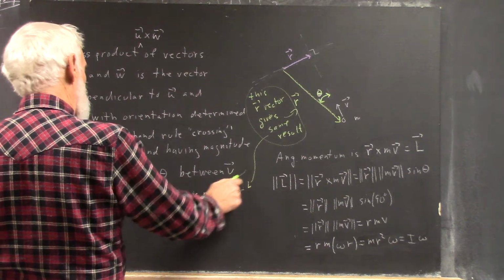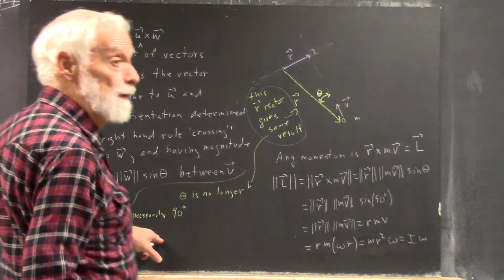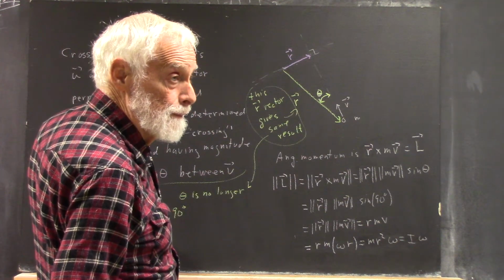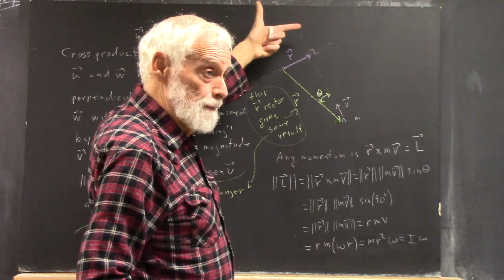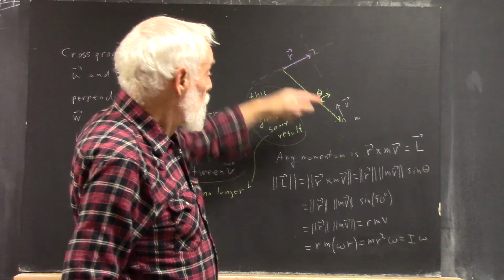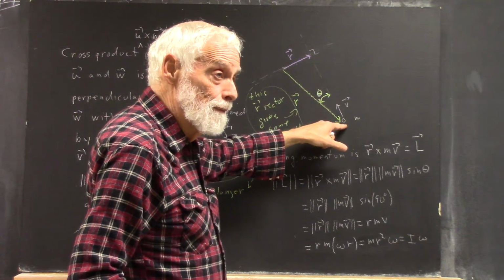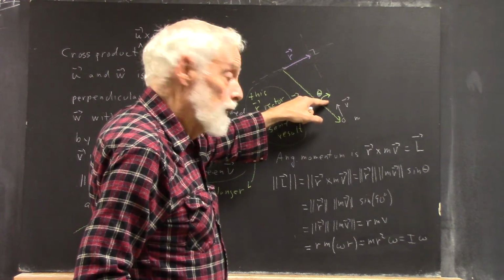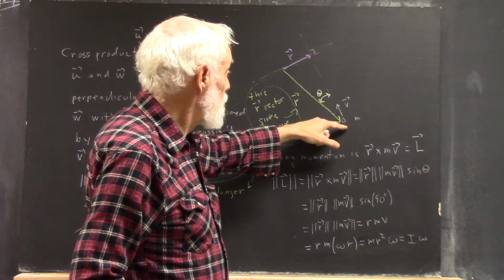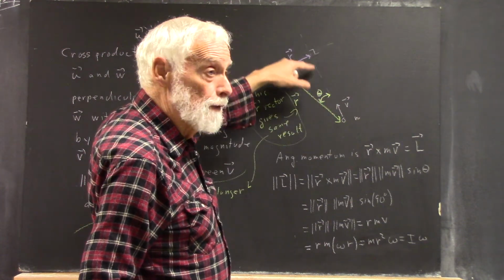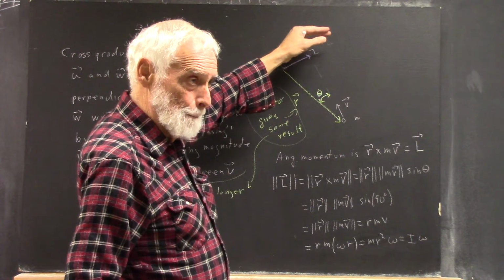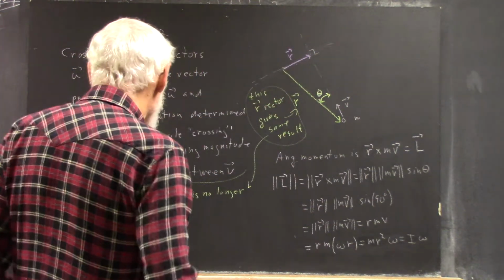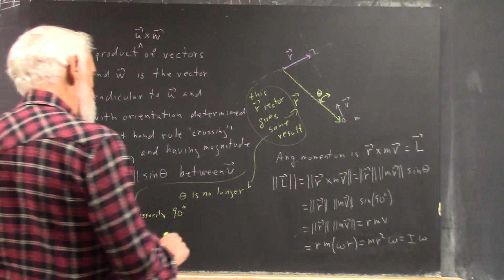I'll say theta is no longer necessarily 90 degrees. It could be 90 degrees because this is going to apply at any point, wherever the particle is. You're going to have a theta, and the theta is going to decrease as the particle gets closer and closer to this line. So theta is no longer necessarily 90 degrees.